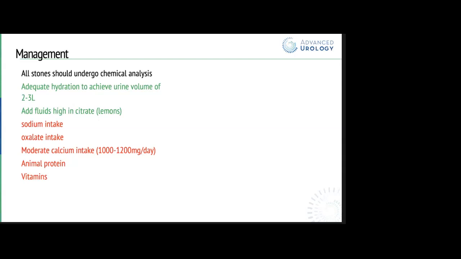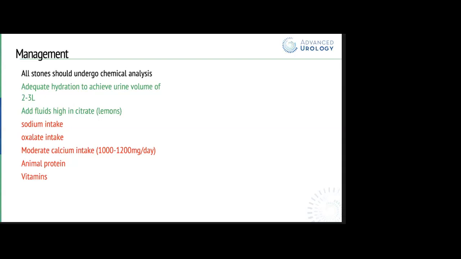The initial management of preventing kidney stones, as we talked about, is always dietary changes. It's that hydration. You want the urine volume to be at least about 2.5 liters. You also want to increase fluids or things that have a high volume of citrate. So adding lemon or lime slices to every cup of water you drink. These are two naturally preventative ways to prevent kidney stones from forming.